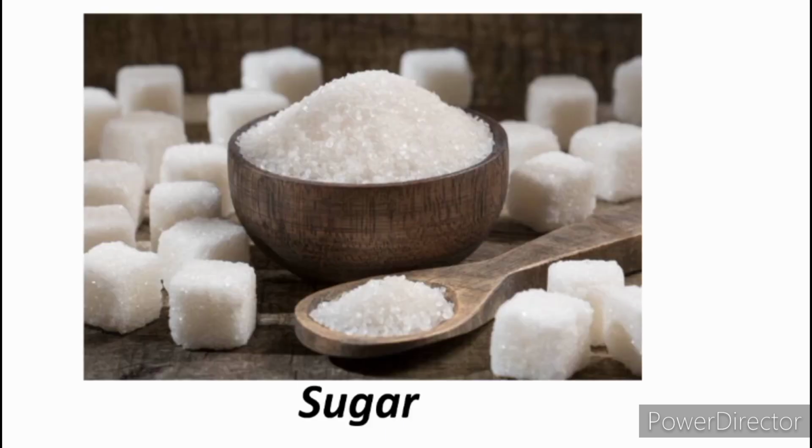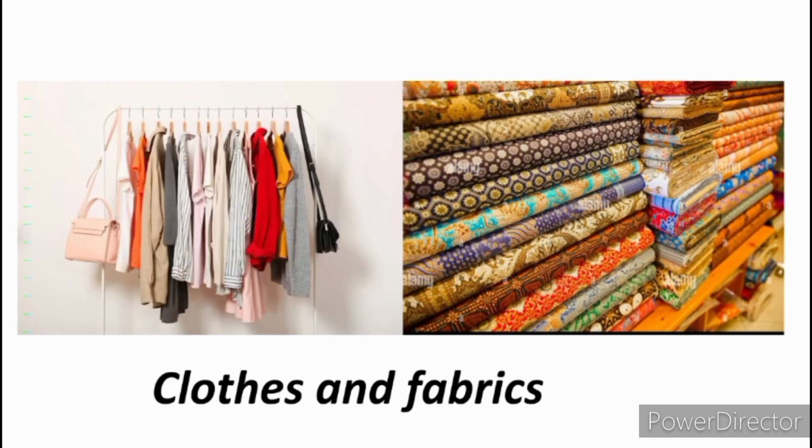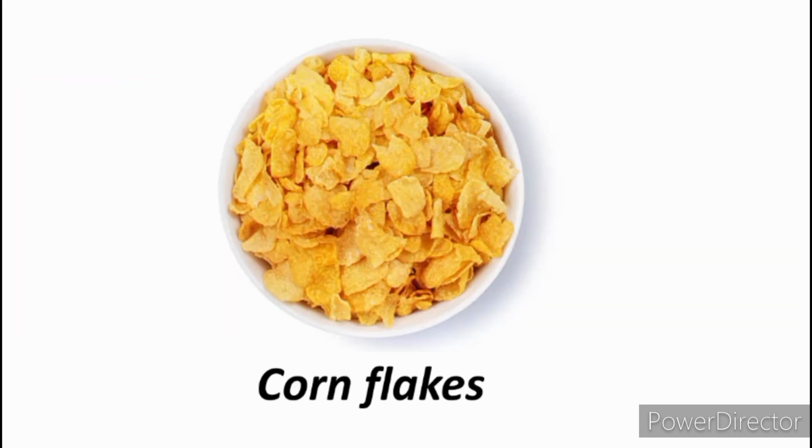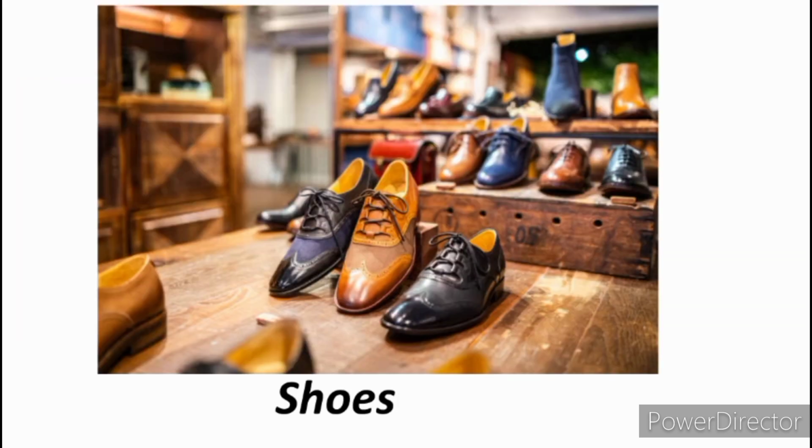We also have sugar, and sugar is gotten from sugarcane. We have clothes and fabrics, cornflakes, and shoes. All these are examples of finished products.